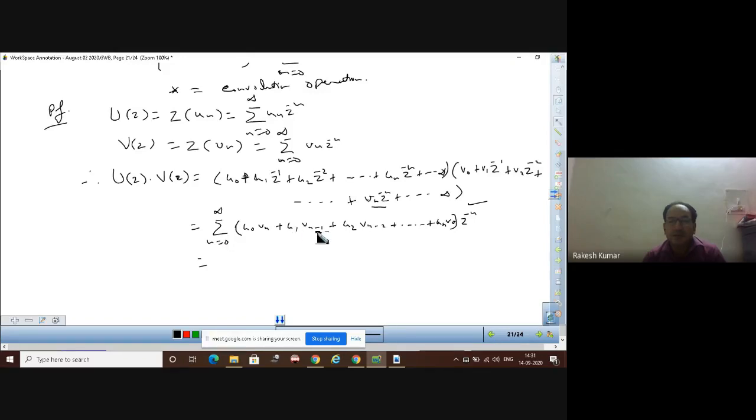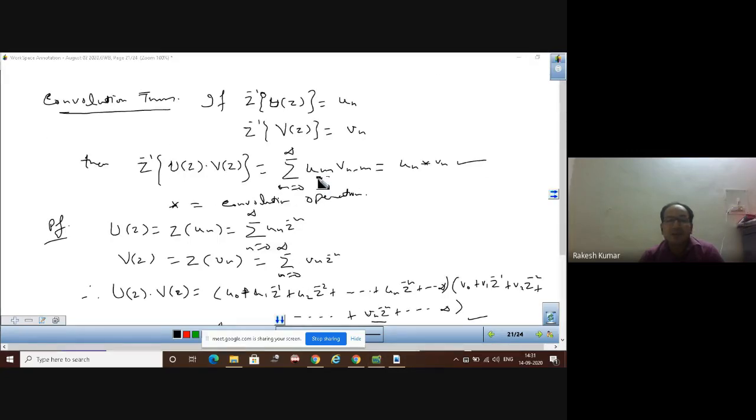For n equal to 2, you will get u_2 v_0. So this is the convolution: u_0 v_n plus u_1 v_(n-1) plus u_2 v_(n-2) plus so on up to u_n v_0. This is the result we have, that is summation n varies from 0 to infinity.